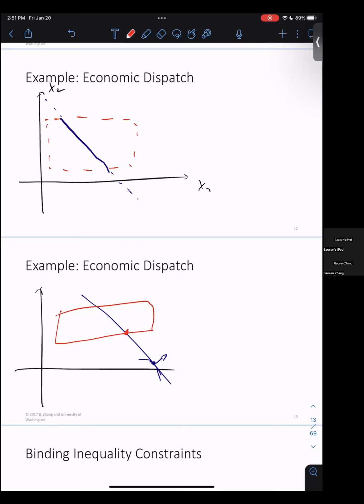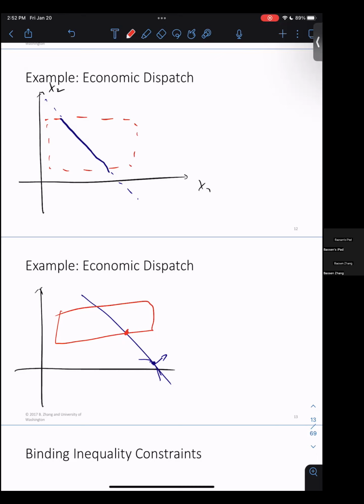Can you intersect this box at both lines? You have to get very unlucky for 2 to be tight at the same time. You have to intersect this box exactly at this point for both constraints to be active. Otherwise, only one constraint will ever be active, no matter how this straight line crosses this box. So the thing to remember for this kind of inequality constraint is that most times only a few inequality constraints will be active. Most of the time, either none of them are active or a few are active.